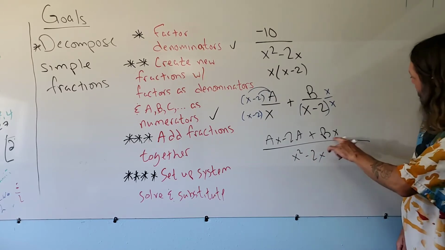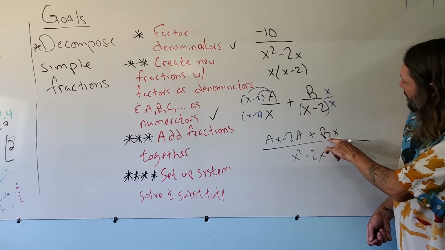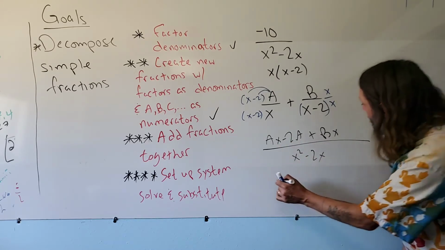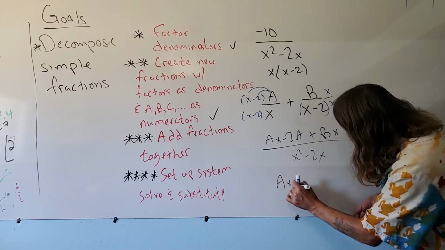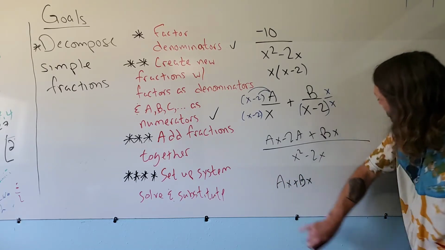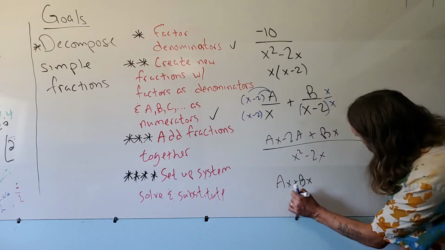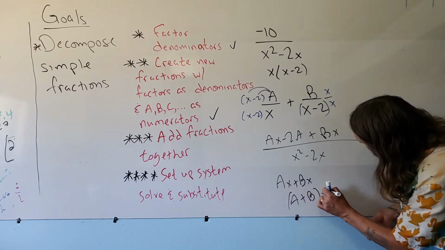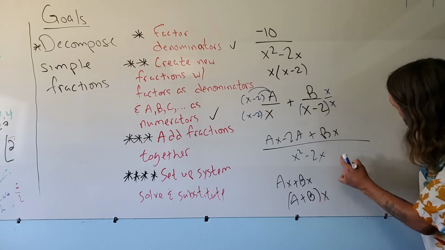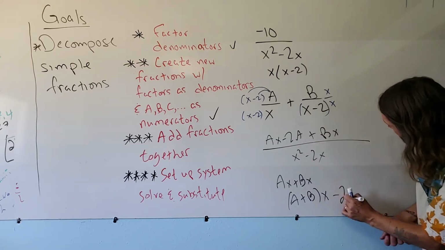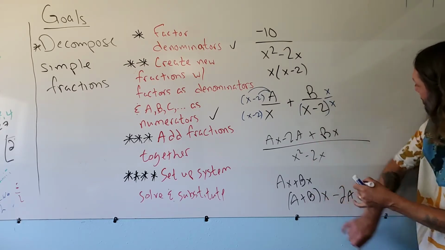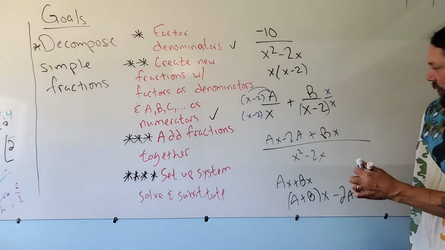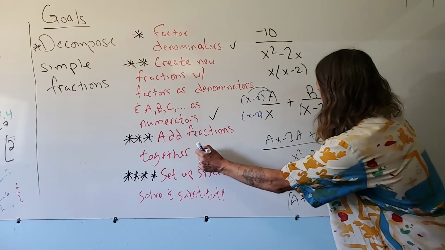Now I'm going to reorganize this a little bit. I'm going to put the bx together with the ax, okay. And in fact, I'm going to go a little bit further with this and just call this a plus b and take out the x. So a plus b times x minus 2a. Right? And my denominator stays the same. So I'm going to check off adding the fractions together.